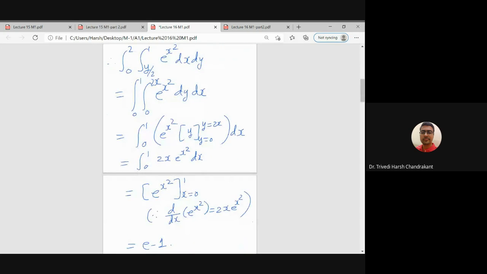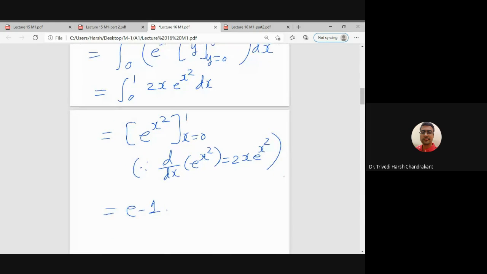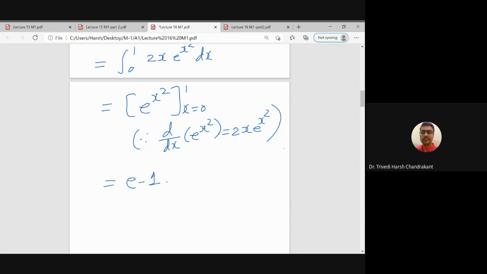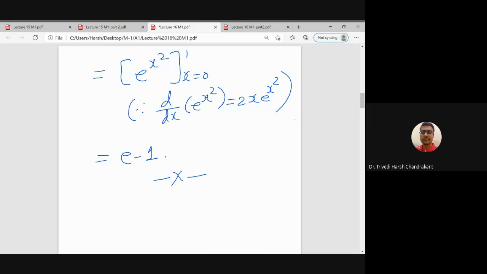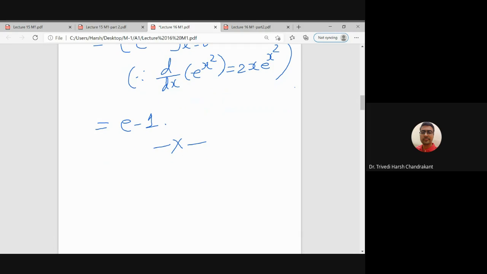So this is the method which we discussed, the Fubini's two forms. This was the stronger form of the theorem. Today what we want to discuss is change of variable in double integrals.